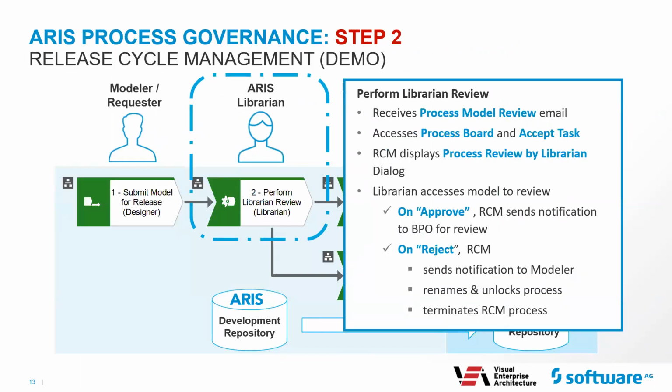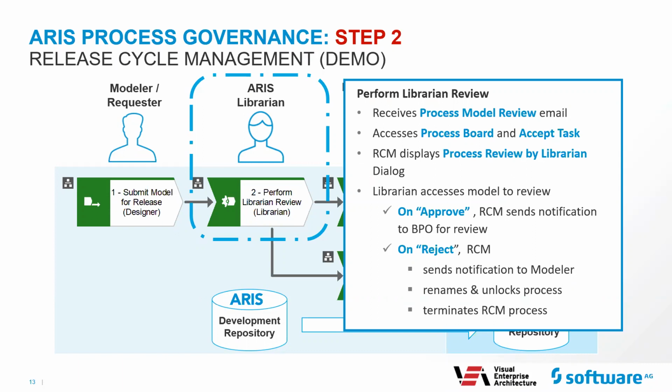So what does the librarian do? The librarian receives the process model review email, accesses the process board, and accepts the task. RCM displays the process review by librarian dialog.